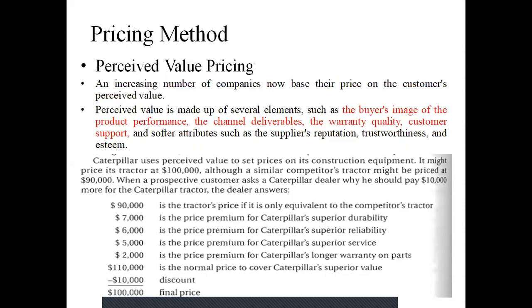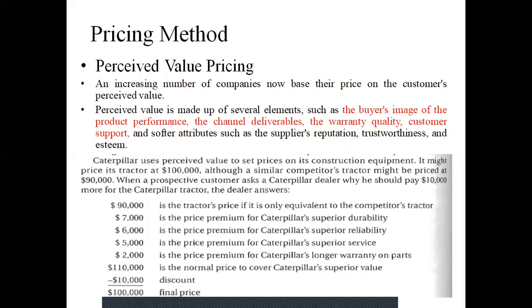It might price the tractors at $100,000, although a similar competitor tractor might be priced at $90,000. When a prospective customer asks a Caterpillar dealer why he should pay $10,000 more for the Caterpillar tractor, the dealer answers, $90,000 is the cost of production of that tractor, which the competitor also has.